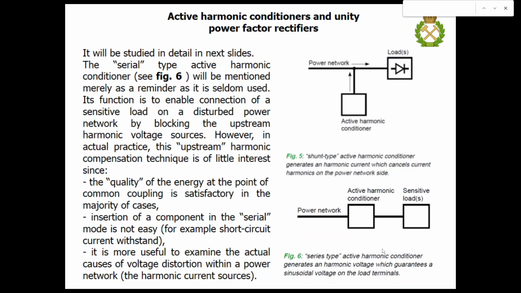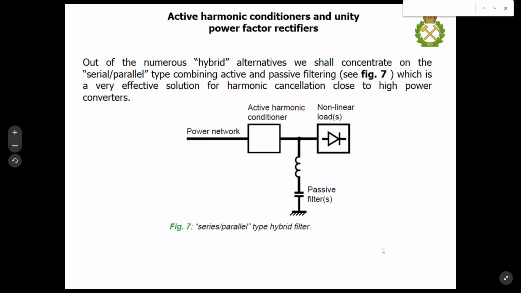Shunt type filter is intended to eliminate current harmonics, and series type active filters are intended to eliminate voltage harmonics. Such an active filter can also be equipped with additional passive filters, and in such a condition we have a hybrid topology of such a filter.